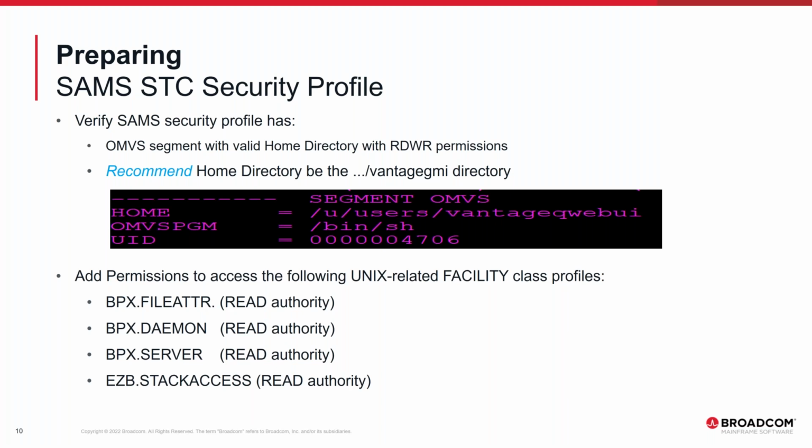So that's probably already there, but just make sure. Nowadays, I've noticed that when users do work with OMVS, there typically is an OMVS group already assigned at sites, so typically they already have this type of authority. So you just need to assign that group to the SAM started task.